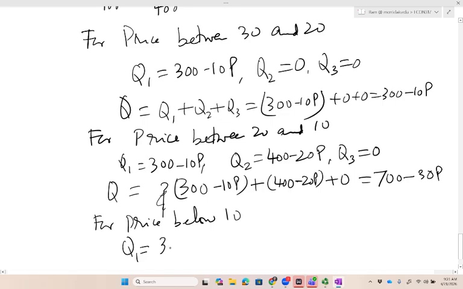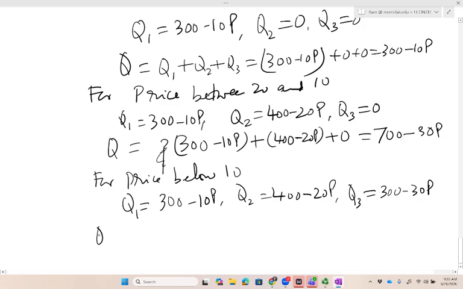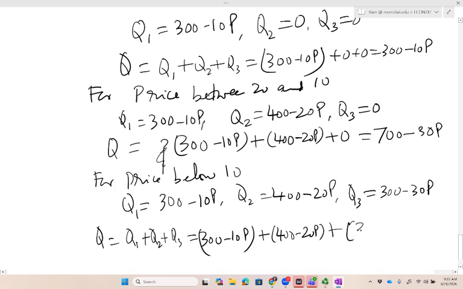So Q1 is 300 minus 10p, Q2 is 400 minus 20p, Q3 is 300 minus 30p, and so what we obtain is the sum Q equal to Q1 plus Q2 plus Q3, 300 minus 10p plus 400 minus 20p plus 300 minus 30p, and now I can add them up.